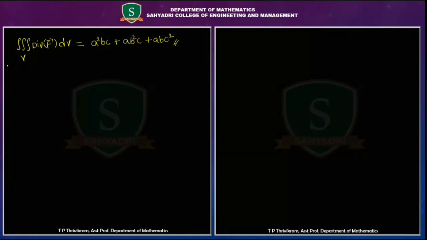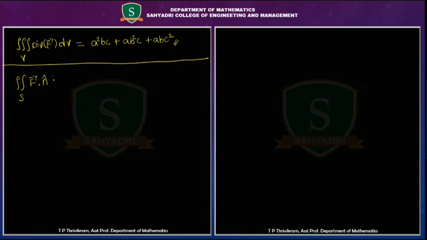Okay. So now we need to find RHS part or LHS part. What is the LHS part? Double integral over a surface S, F dot n cap ds, what is Gauss divergence theorem? Okay.